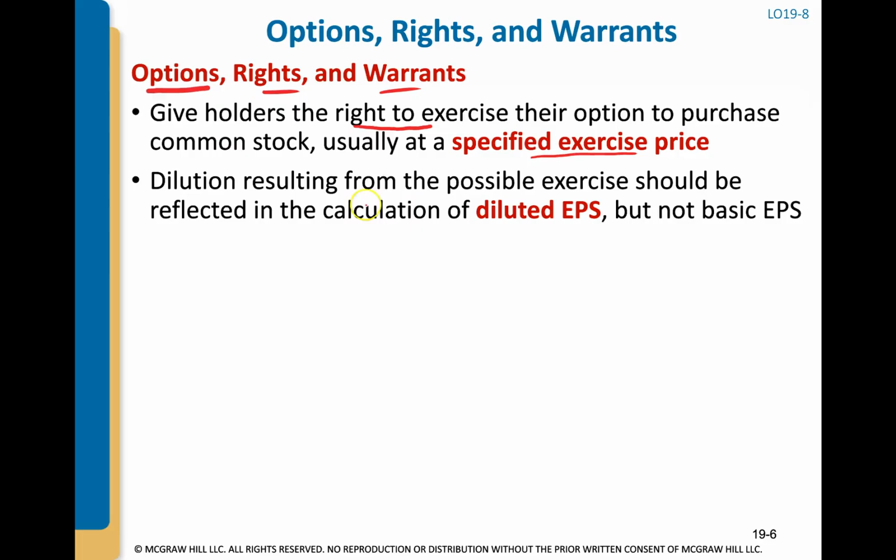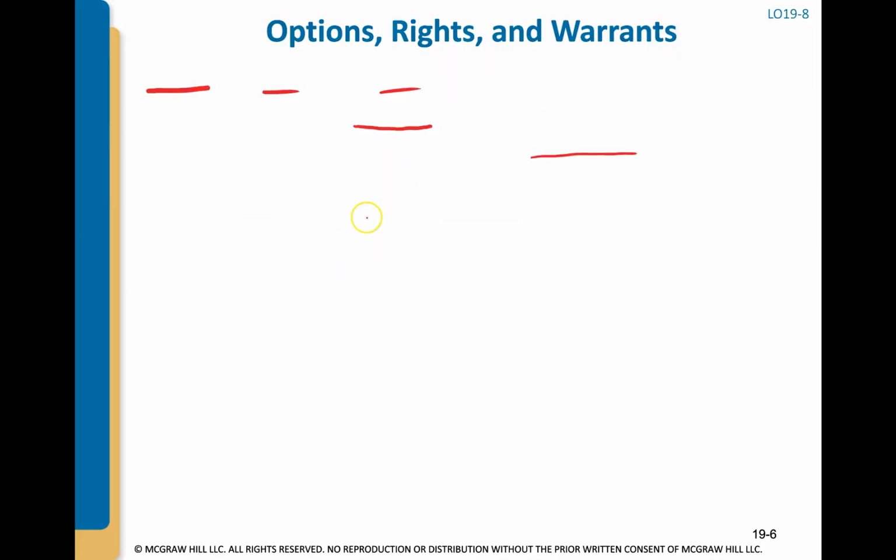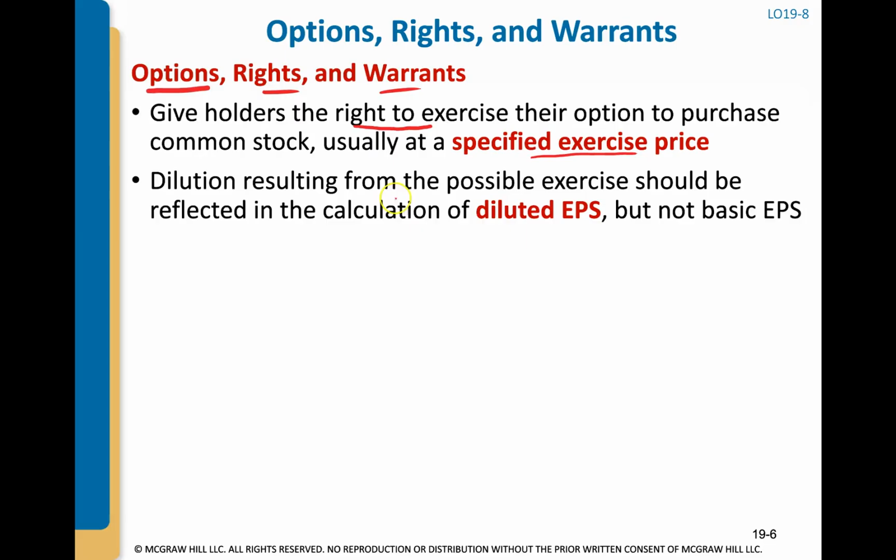And so when we're calculating our denominator here, how do we account for these potential additional shares of common shares outstanding? That's what we're trying to get to when we're talking about the diluted earnings per share.